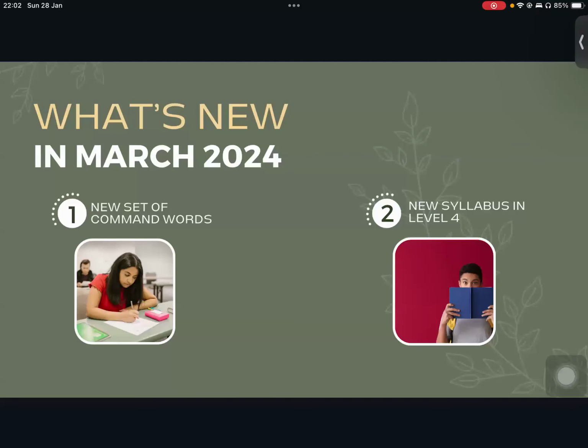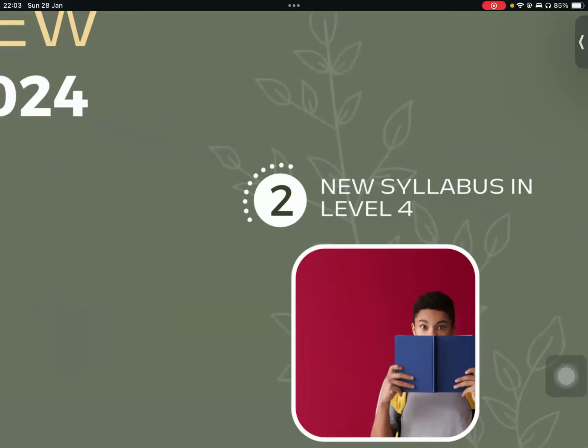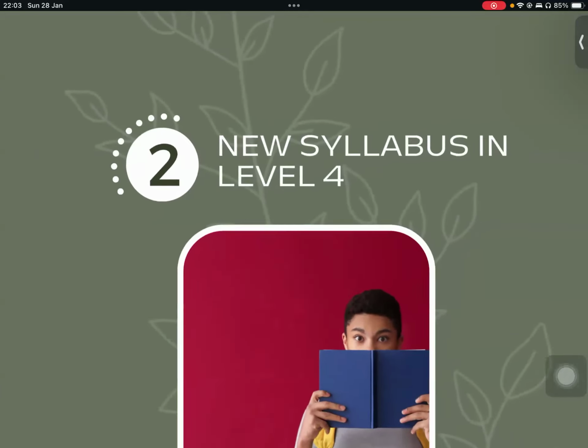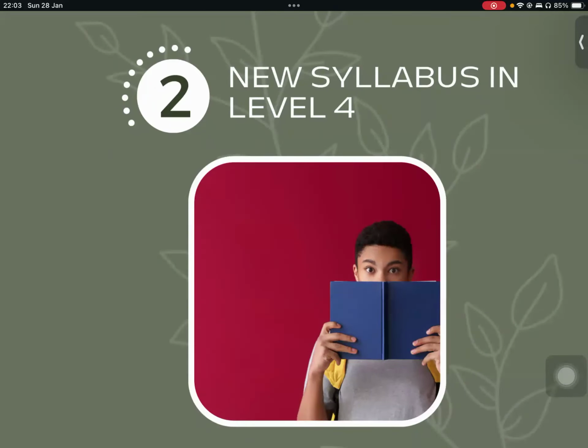Let's look at what's new in March 2024. First, we have a new syllabus in level 4. I already had an event for this, where I introduced the detailed change in each module by comparing every study guide page to page.